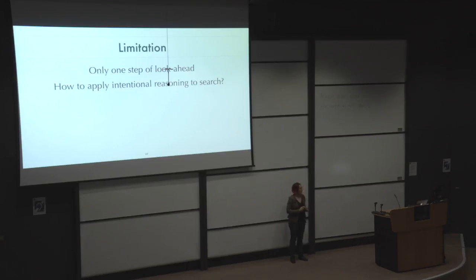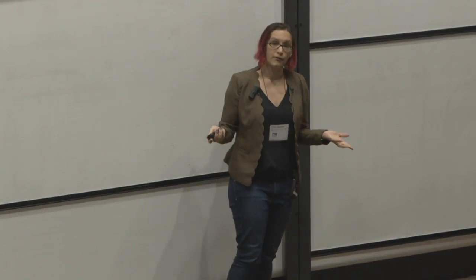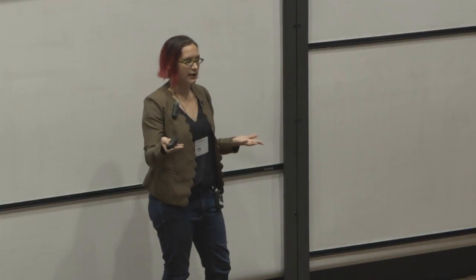So this was a design that was specific to the game of Hanabi. It was not a fully general framework for intentionality, and as such, it has some limitations. One of which is that there's only one step of look ahead. And as I started this talk, of course, I was talking about search procedures, which we need to use to chain our reasoning.